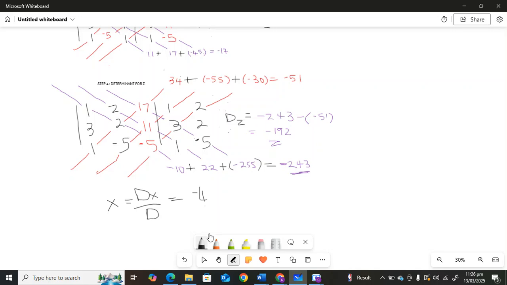Any questions? Yes. The determinant found for x was also negative 48.